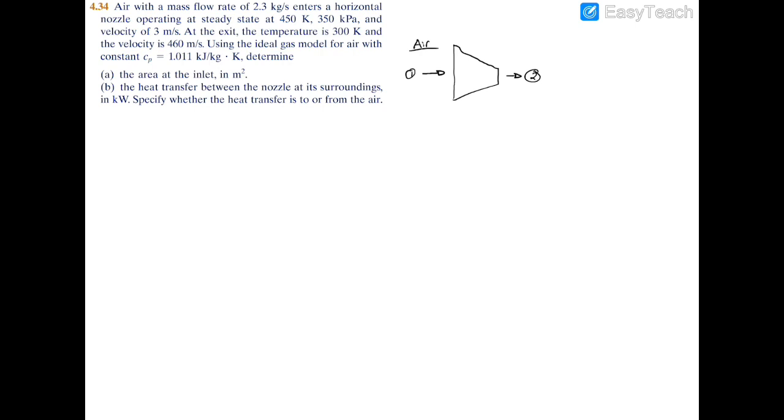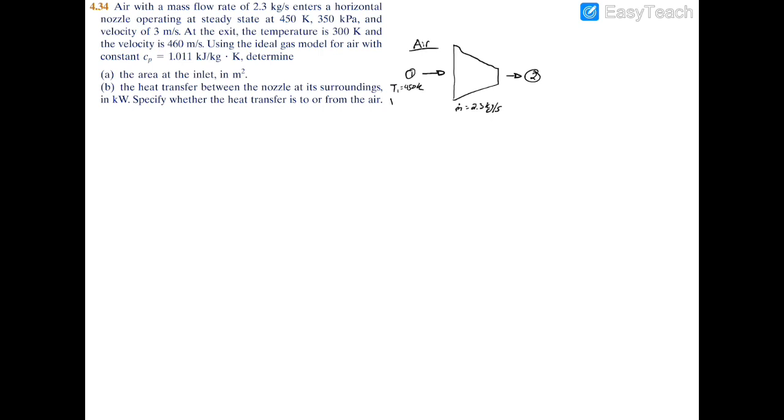Now for our givens, we're given that the mass flow rate through this nozzle is m dot equals 2.3 kilograms per second. Now, because you have one inlet and one exit, m dot 1 equals m dot 2, so I'll just leave it as m dot. We're told that we have an inlet temperature of T1 equals 450 Kelvin.